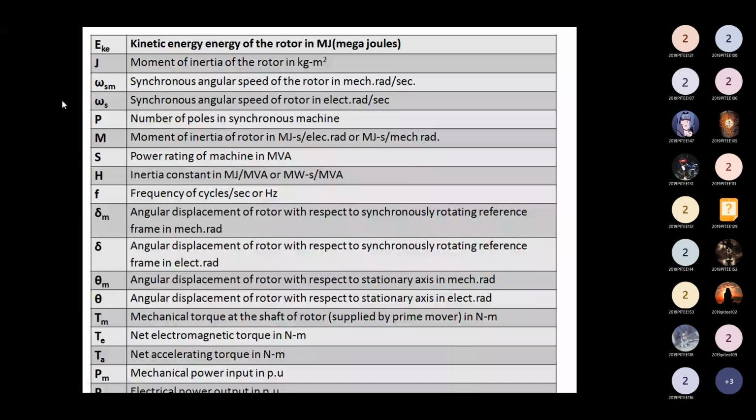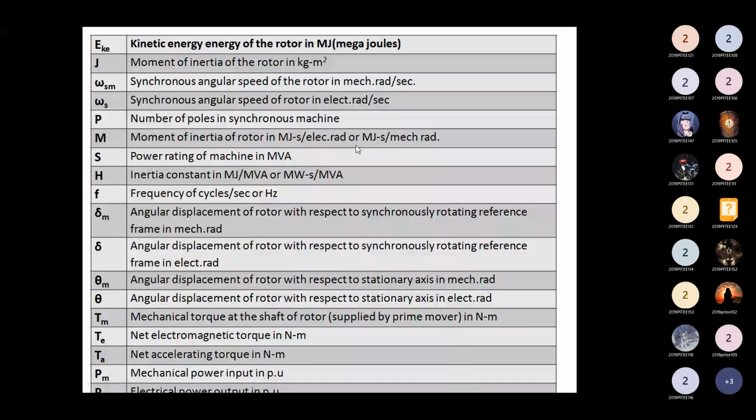Here it is denoted as capital P, but actually it is small p. Small p denotes the number of poles in the synchronous machine, and capital M denotes the moment of inertia of the rotor, in megajoules per electrical radian or megajoules per mechanical radian. And S is the power rating of the machine in MVA.